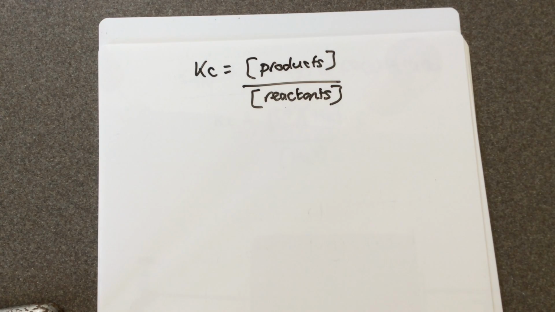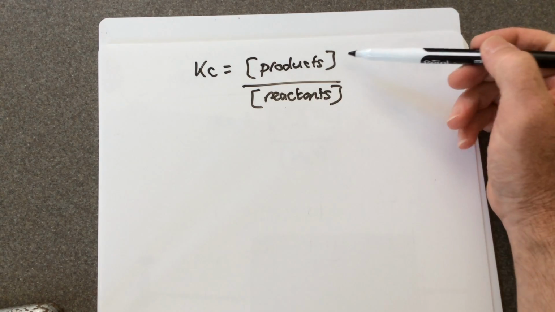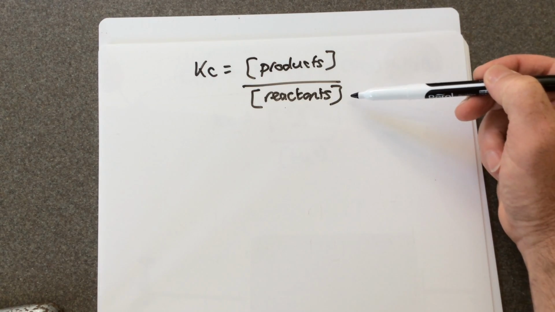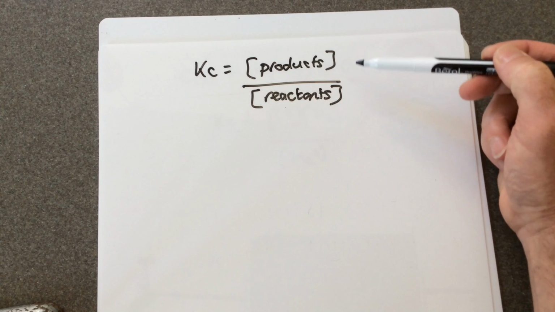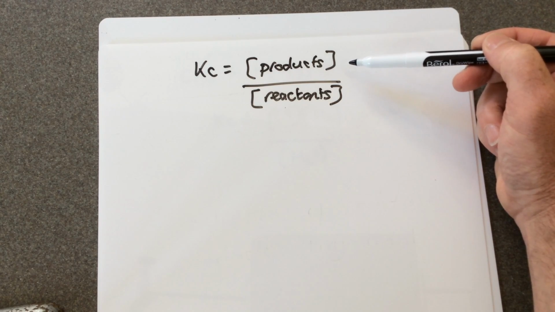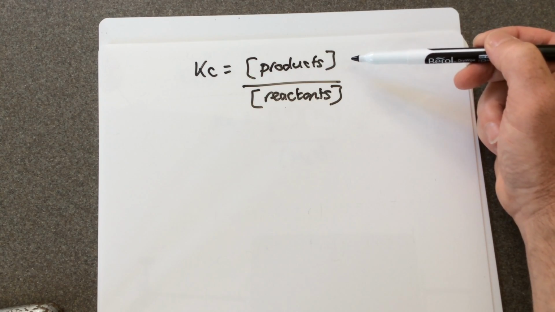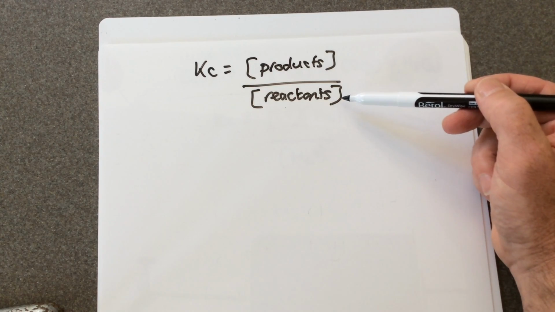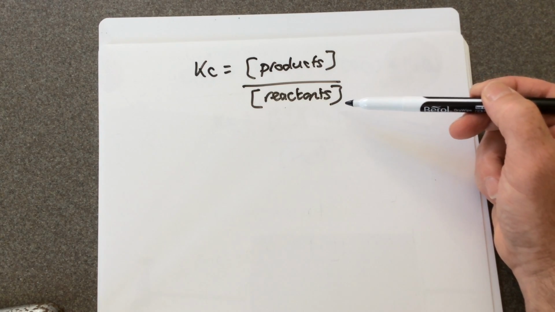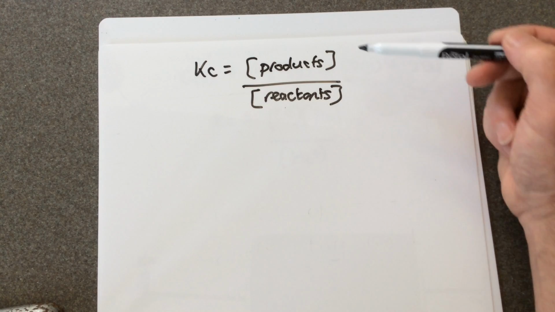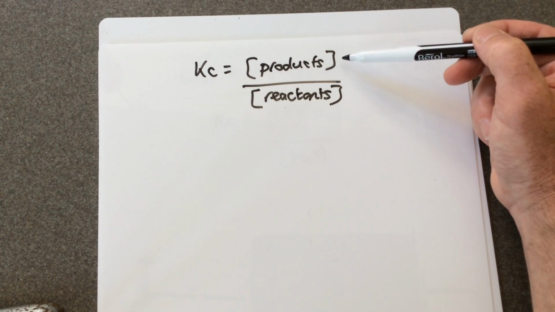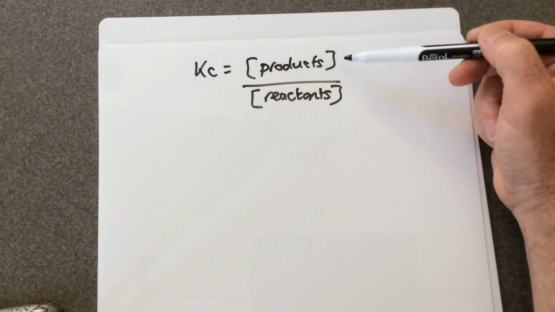Now, if Kc is larger than 1, it means this number must be bigger than this. The total product of all of the concentrations of the products multiplied together must be bigger than the concentration of the reactants multiplied together. So if this number is bigger, Kc will be larger than 1.